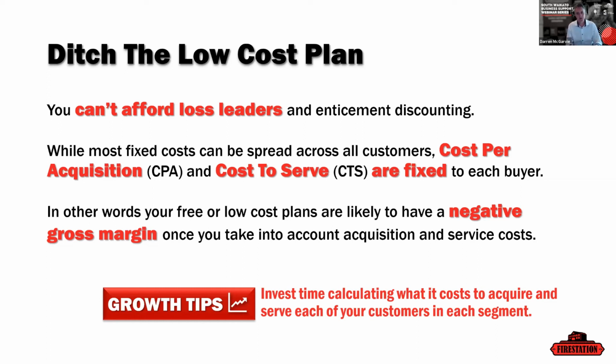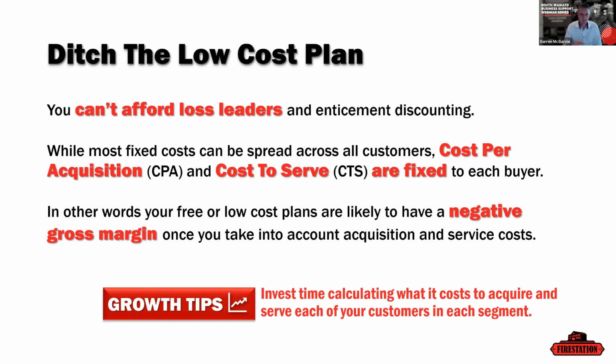The same thing goes for cost to serve. Once we've won them as a customer, we need to look after them. Some customers cost us a lot more than others. You have high maintenance customers and low maintenance customers, and they have a different cost structure. So it's worth thinking about whether there is a way I can quantify the cost to look after that customer, because once you've worked it out, there may be a negative gross margin.